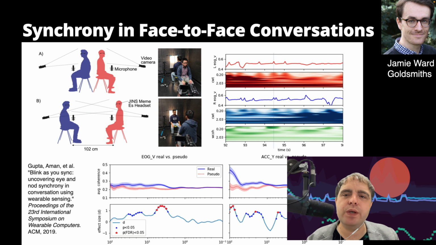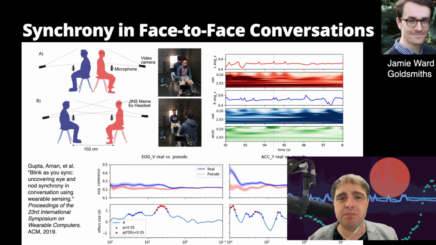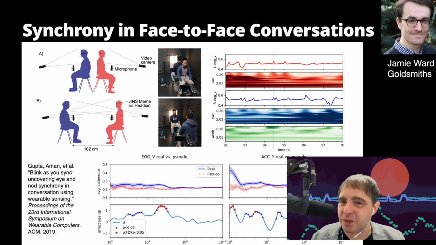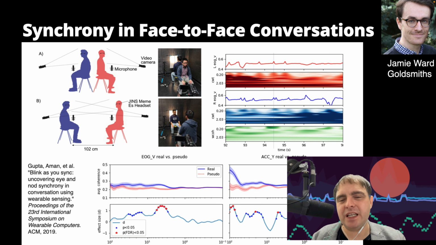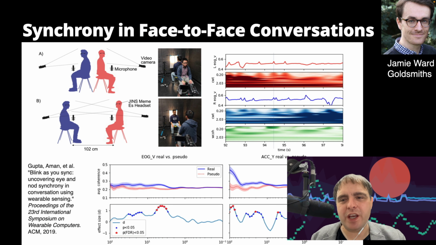And we wanted to explore that because we also had the wearable sensing, and there's quite some work in psychology that does this by just counting eye blinks, by counting head nods manually, or using cameras. And we wondered, can we also get the same kind of data but with the wearable setups, the everyday unobtrusive technology that we are using?